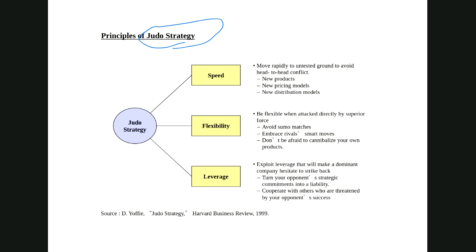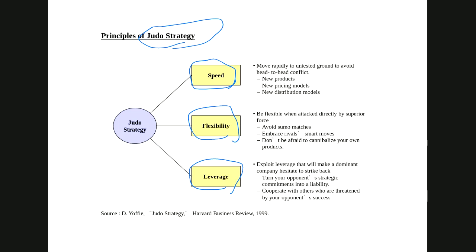Judo uses speed. If we can move forward, if we can move fast, quickly, maybe we can win over our competitor because they are big enough and they are relatively slow. And flexibility, absolutely, we need to make a mass customization. And then there is leverage.